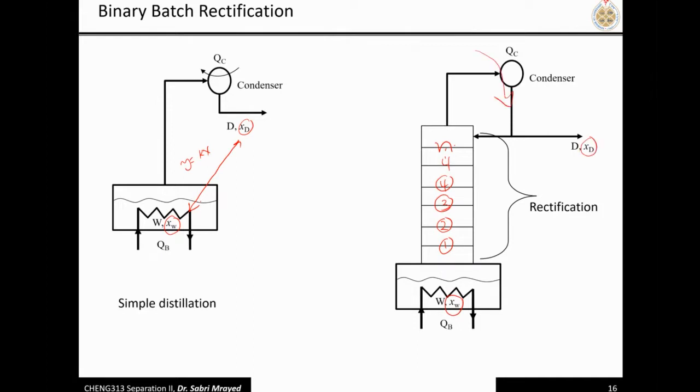Can we say that, when we have a rectification section, xW is again at equilibrium with xD? No. Good, very good. No, why not?